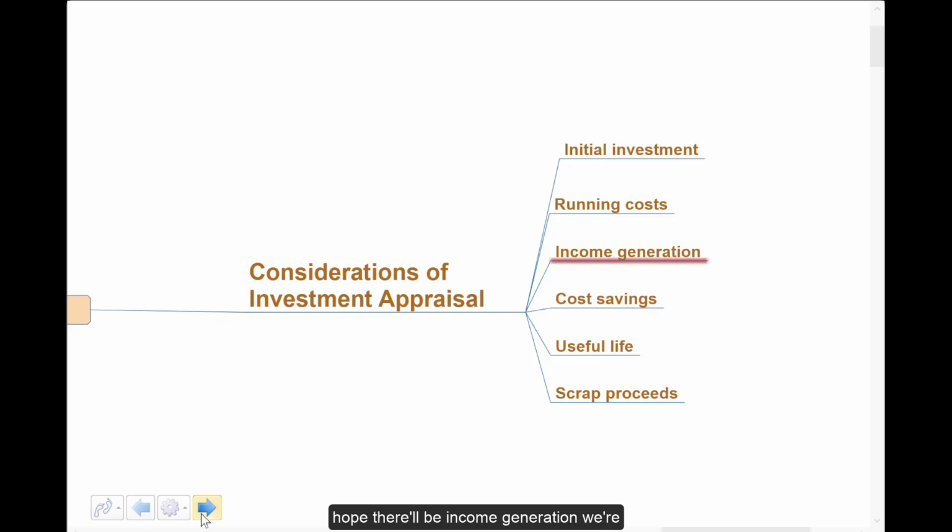We certainly hope there'll be income generation. We're making investments, obviously, to make profit and to derive income. It may well be also that there are savings. We make savings as a direct result of making this investment.